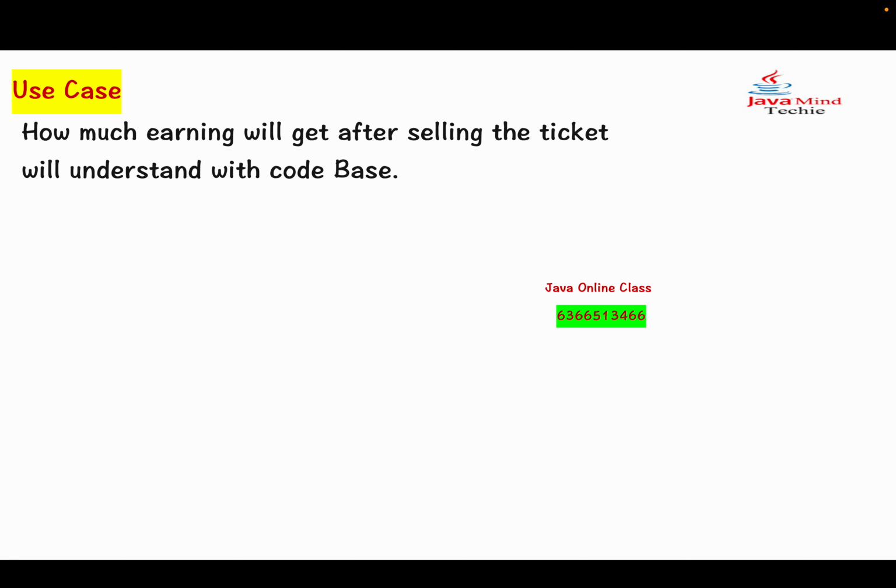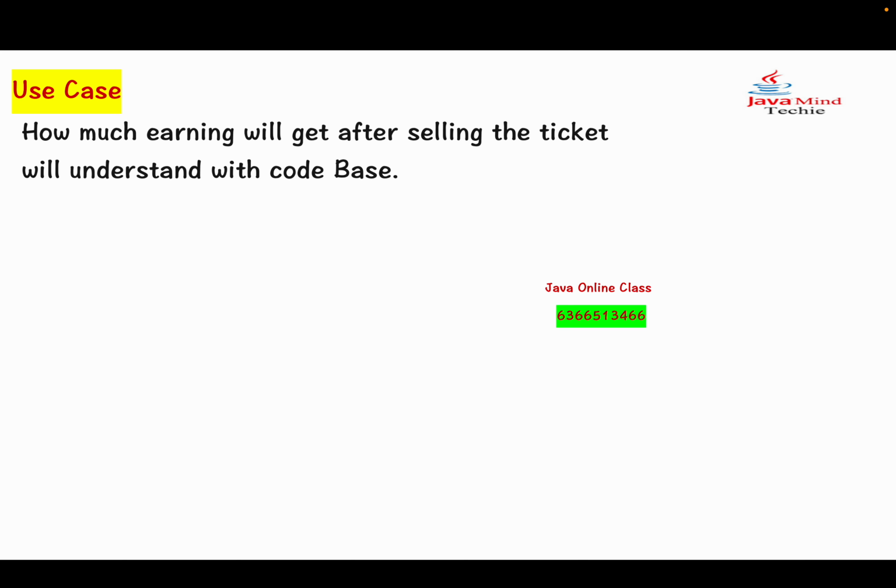So suppose we take one movie booking application. It might be that you are going to watch a movie in PVR or Inox, right? At that time you are going to buy a ticket, right? So we will have one movie booking application.